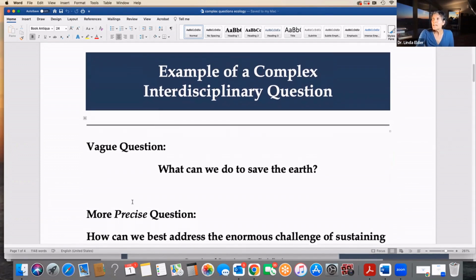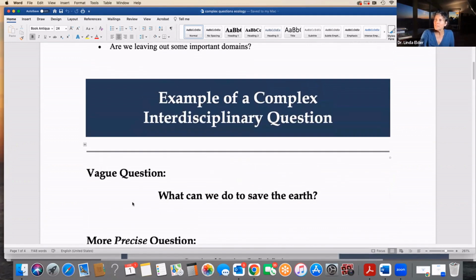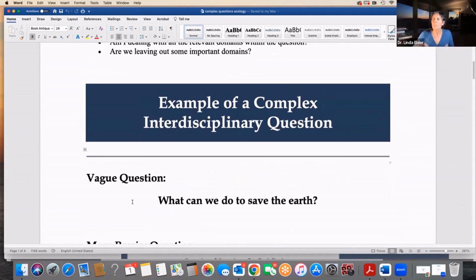Now, so let's take an example of a complex interdisciplinary question. And somebody says, well, here's our question. What can we do to save the earth? And that's a fine question as a vague general question that gets the point across that the earth needs to be saved. But we've got to unpack this if we're going to do some good thinking about the question.